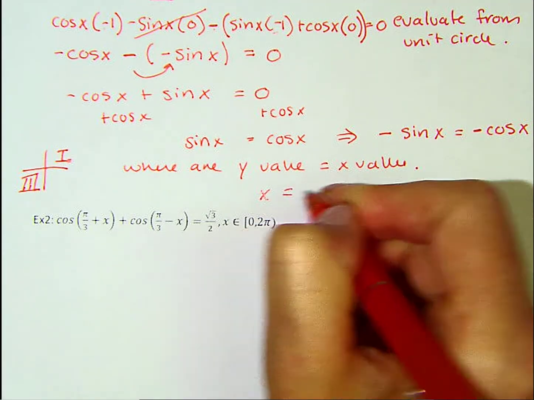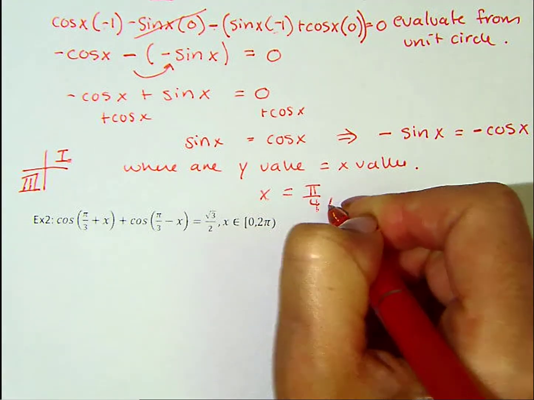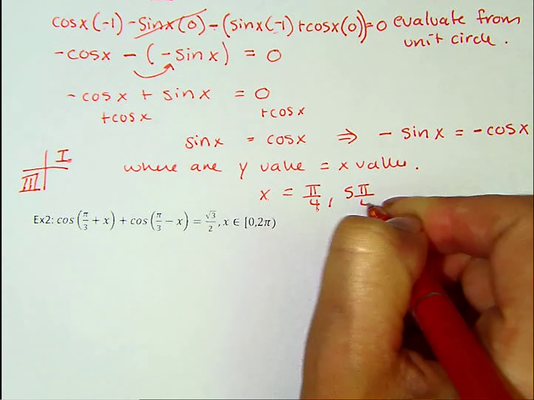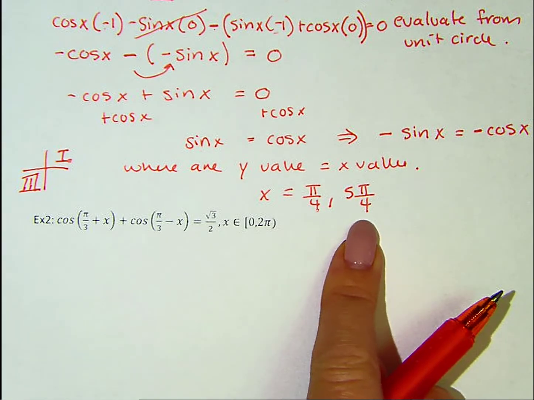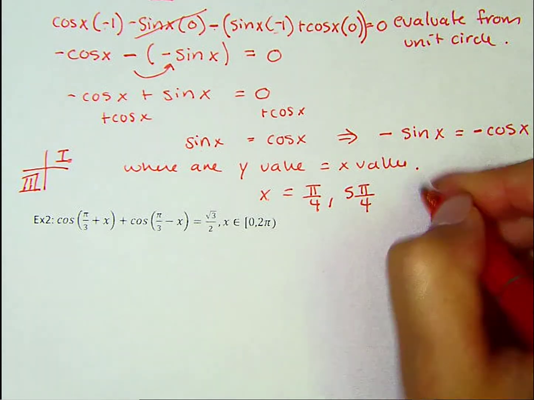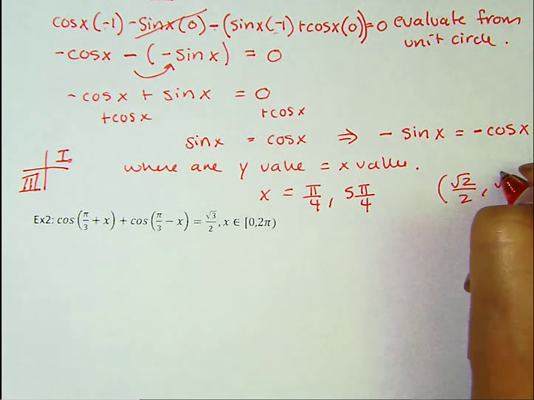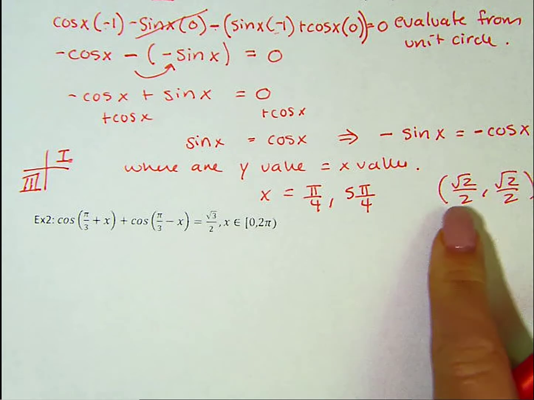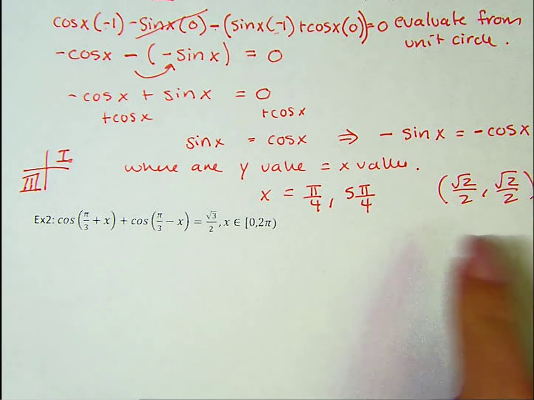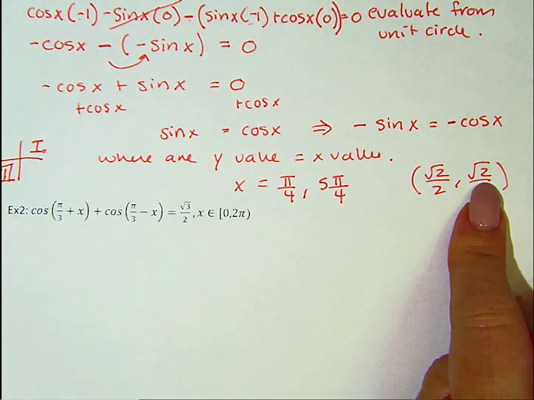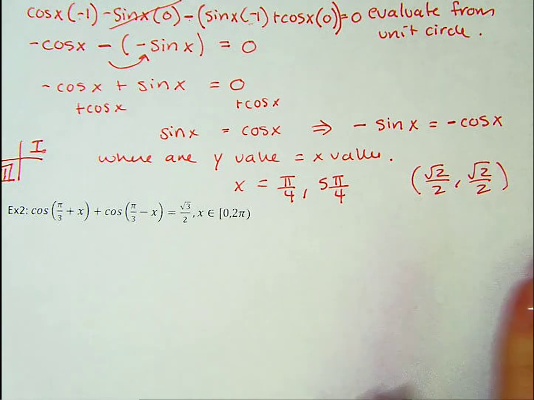So x is equal to pi over 4 and 5 pi over 4. Why did I choose those angles? Well, at pi over 4, we have root 2 over 2 and root 2 over 2. So x is equal to y is equal to x. Cosine is equal to sine is equal to cosine.